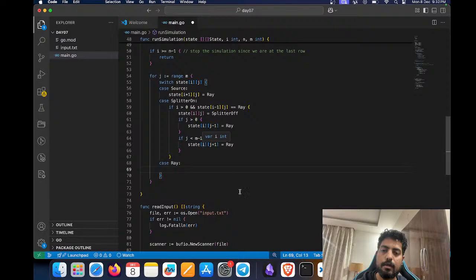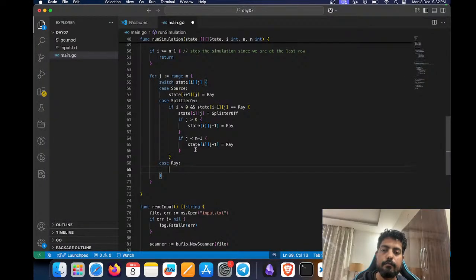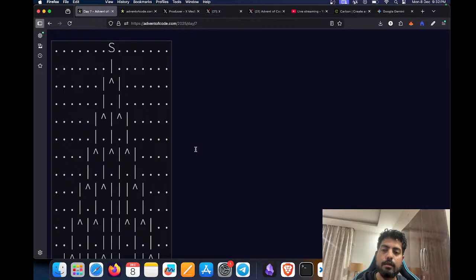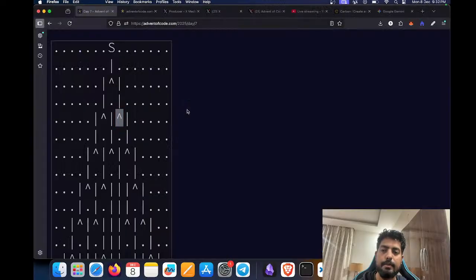And if we have a ray currently, and if the below one is empty, we mark it as ray. If the position just below the ray is a splitter, we leave it as it is because that is handled in the splitter on case.